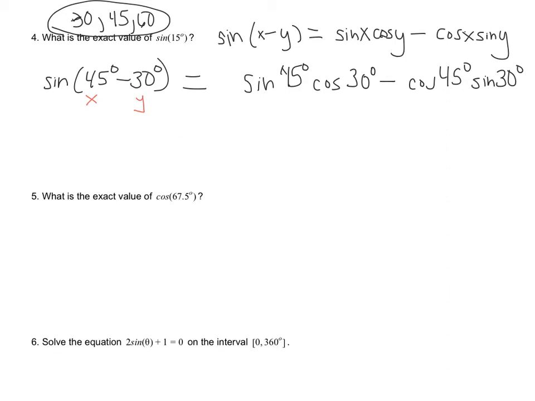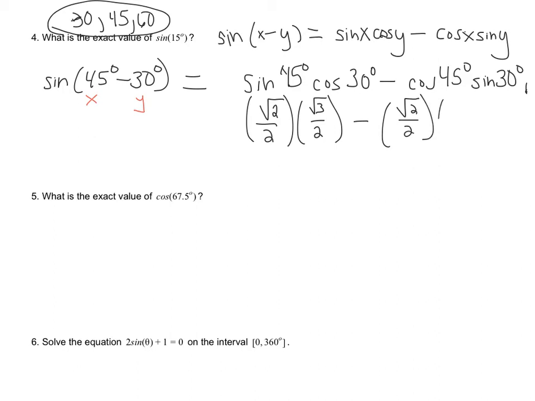So if I go to my unit circle, the sine of 45, remember it's the y-coordinate for sine, is square root of 2 over 2. Cosine of 30, that's the x-coordinate, I get square root of 3 over 2. The cosine of 45 is square root of 2 over 2 as well. And the sine of 30, which is the y-coordinate, I'm going to get 1/2.